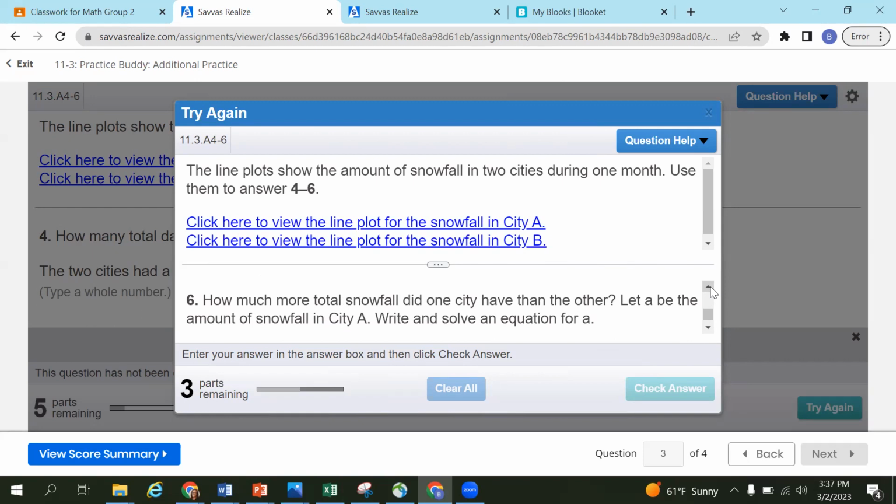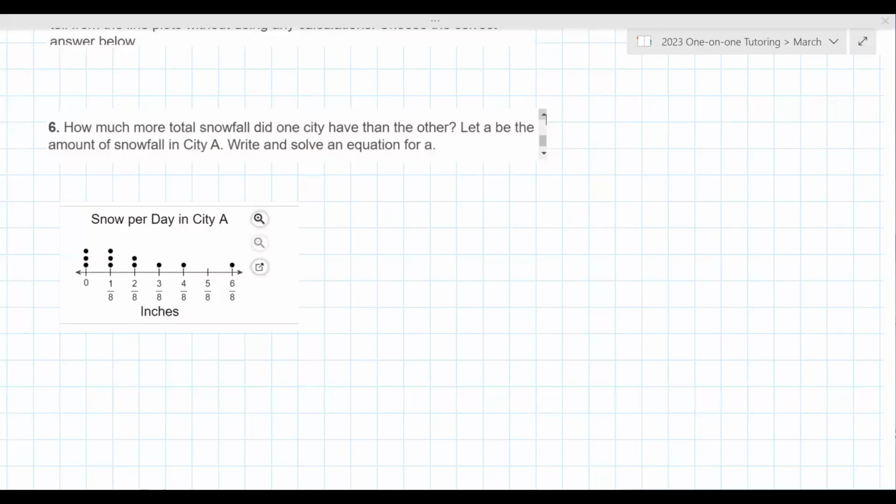Okay, so I'm going to share my screen. Okay, so we're going to write an equation for city A. Okay, and the equation goes like this. It's 0 plus 0 plus 0. That's for these three dots here. Do you see that? Yes.